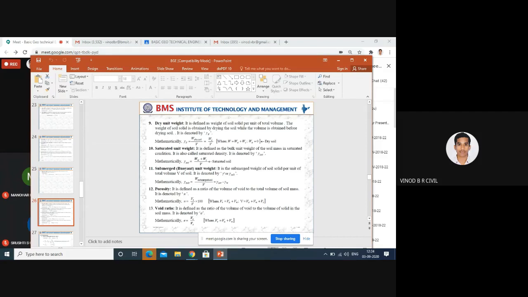Next, void ratio. Void ratio is denoted by small e. Small e equals volume of voids divided by volume of soil. Volume of voids again means volume of air plus volume of water, divided by volume of soil.